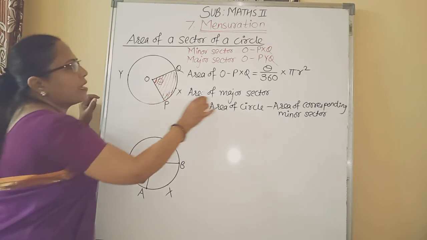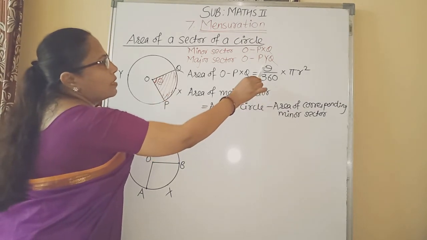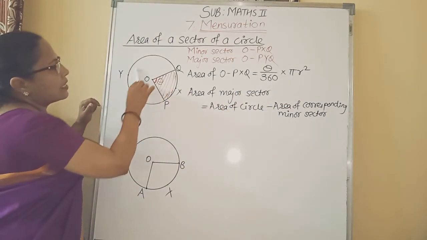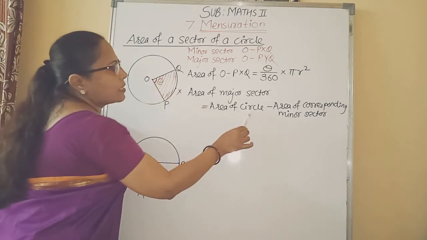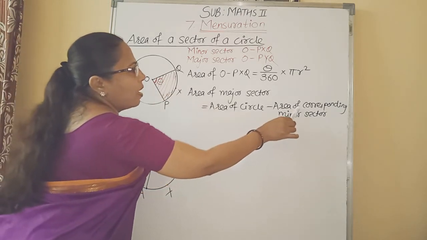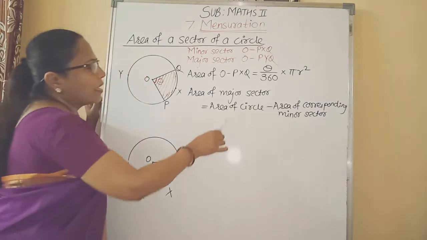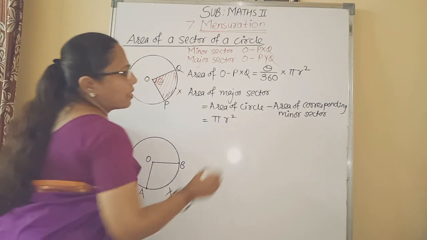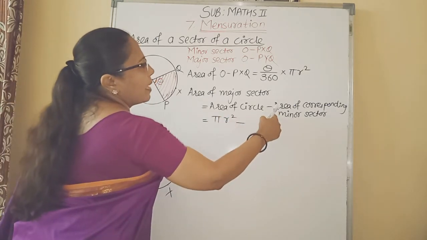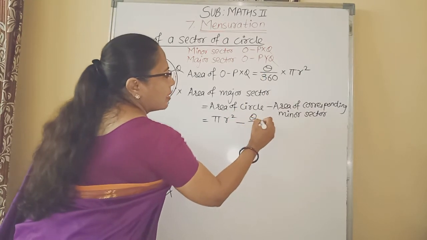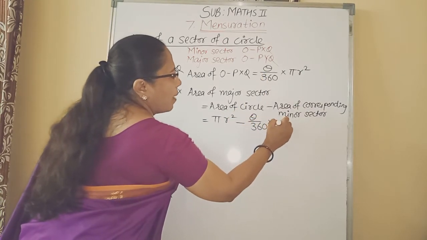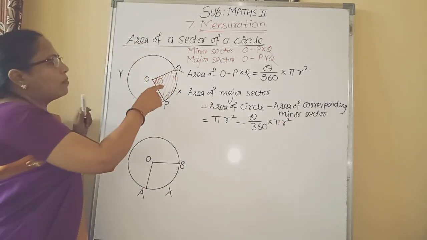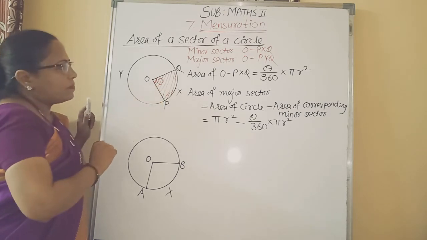So minor sector area we can find out using this formula theta upon 360 into pi r square, and area of this major sector is equal to area of circle minus area of corresponding minor sector. Area of circle we have formula pi r square minus area of minor sector is this formula theta upon 360 into pi r square. So using this way we can find out the area of sector of a circle.